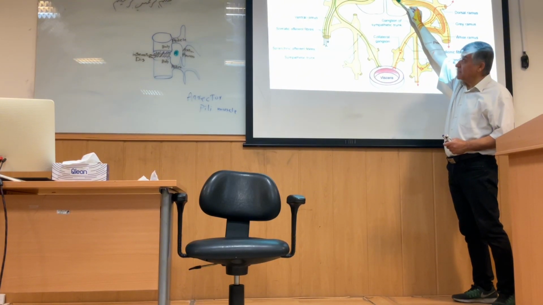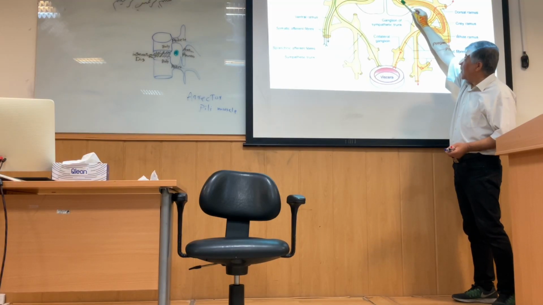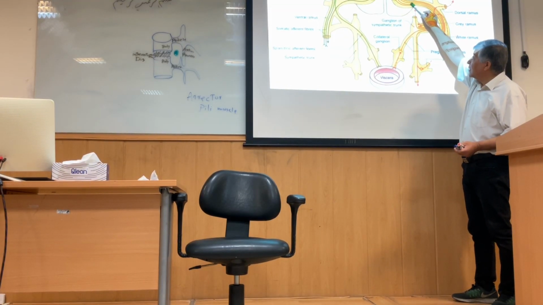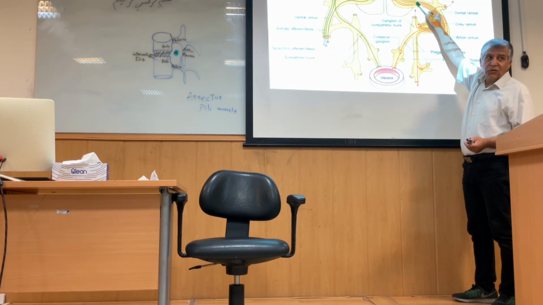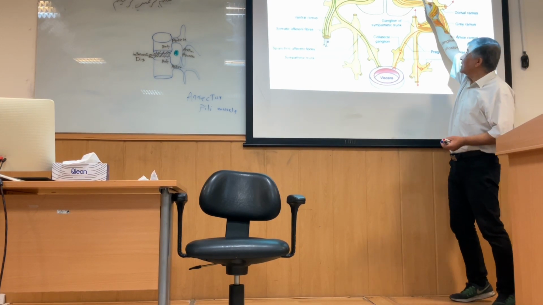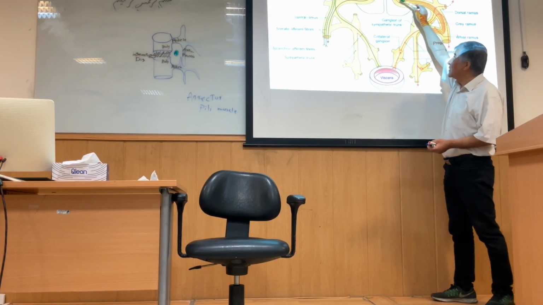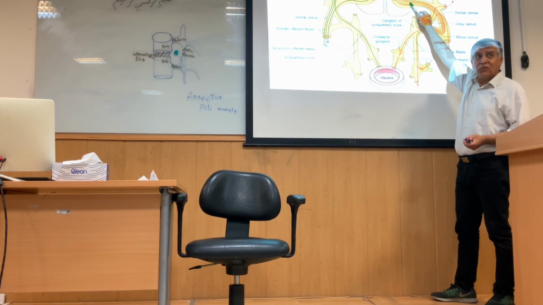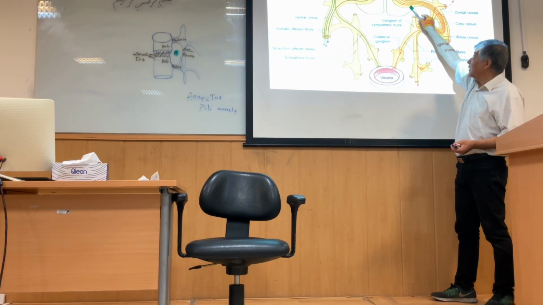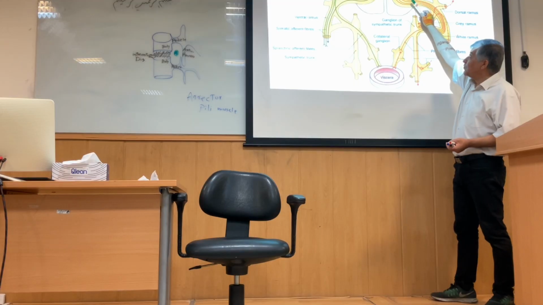Visceral nerves. The motor neuron of the visceral nerve has an axon. This axon moves toward the ventral root or anterior root. This one is the dorsal root containing sensory fibers. This one is the ventral root containing motor fibers. Somatic and visceral motor fibers.